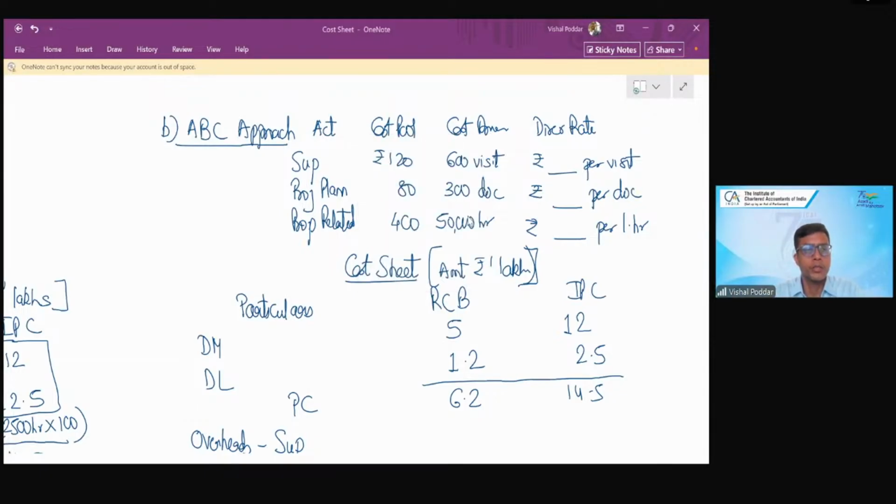Yes, Manivanan, Ishant, Anurag, others who have joined late, but you can simply use your calculators and help me calculate. Shipimol, Apurva, Pavitra, all of you who are present. Pinchana, Pratmesh, Sanju, help me with the calculations. So it is rupees 120 lakhs divided by 600 visits, rupees 80 lakhs divided by 300 documents, 400 lakhs divided by 50,000 hours.